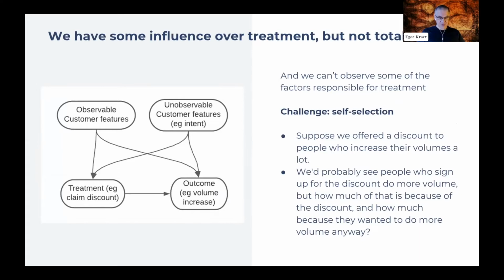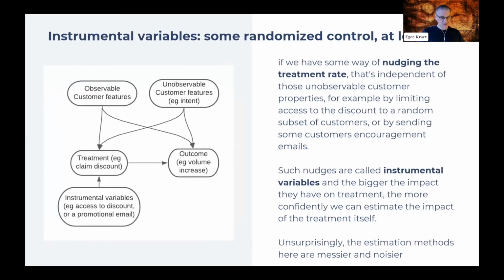Now, the question is, did they increase their volumes because of the discount? Or did they seek out the discount because they wanted to do larger volumes in the future anyway? And it's going to be a mixture of both. And at least by controlling access to the discount, we can measure the effect. We can isolate quite well the effect of the decision and not just of the discount, which we control.